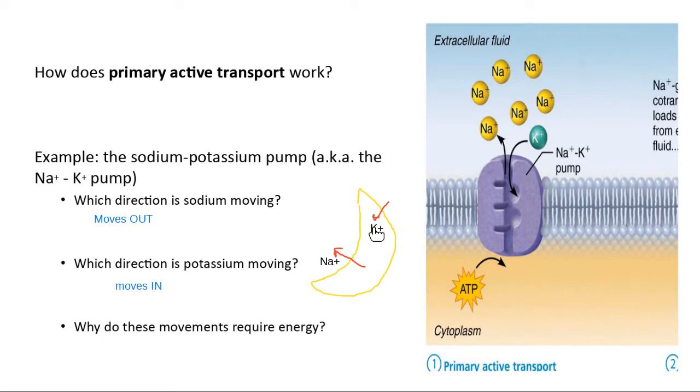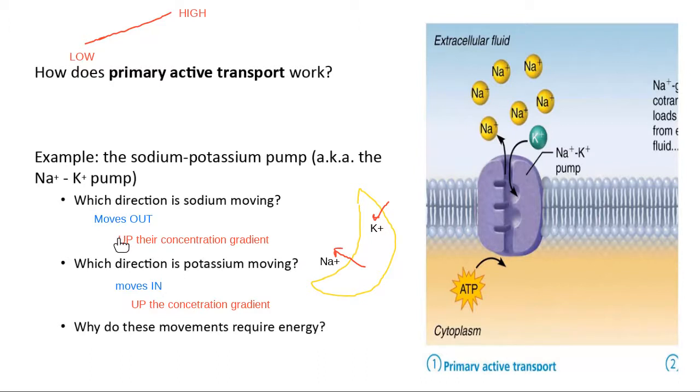I am moving two molecules up their concentration gradient. Think about concentrations like a hill. At one end of the hill, I've got low concentration, and at the other end, high concentration.